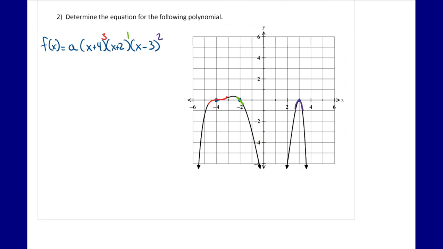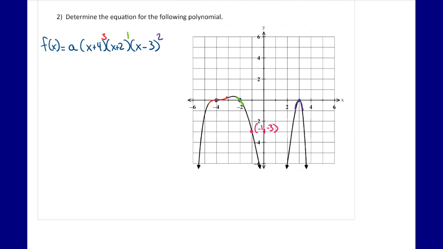This is our function right now, and we don't know what the coefficient is. So the next step was to find a nice point. A nice point might be here, -1, -3. So I'm going to plug those two values into our function.